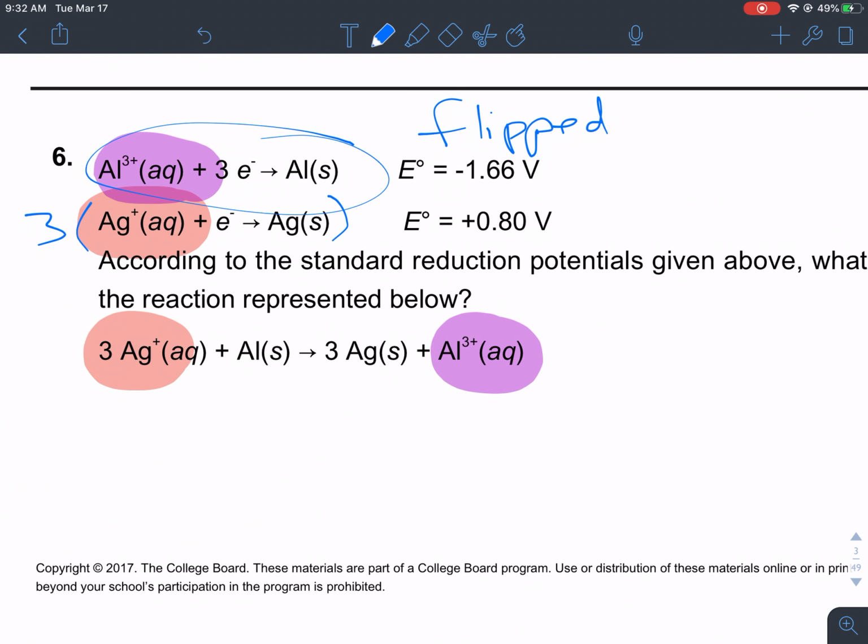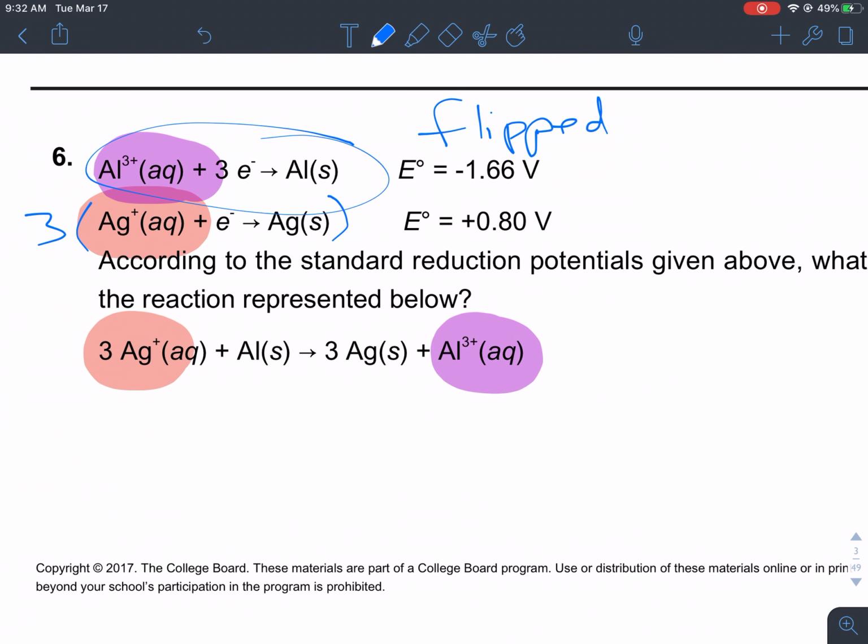So E cell, again, is equal to E cat minus E anode. Don't change any of these. All flipping this did was make us realize that it was the anode. So the cathode is 0.80 minus negative 1.66.